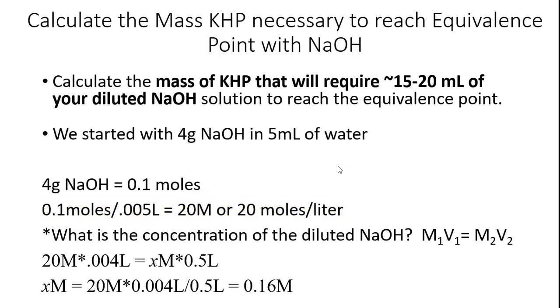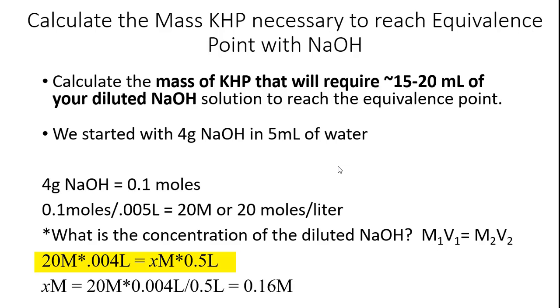So now we have to ask what the concentration of the diluted sodium hydroxide solution is. We do that by using the dilution equation that's shown here. All right, so we'll say M1V1 equals M2V2, and all we're doing now is solving for M2. So 20 molar times, and in the procedure, it calls for us to take 4 milliliters of the 5 total milliliters of concentrated sodium hydroxide solution.